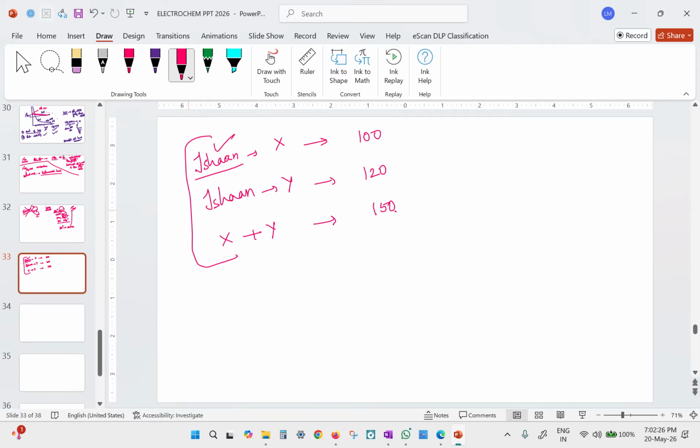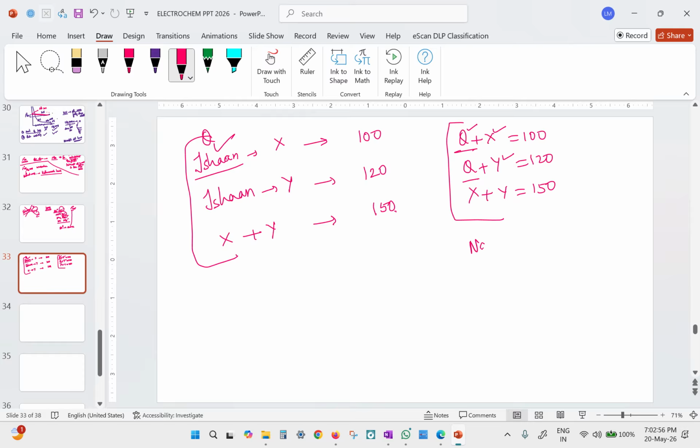Assume Ishan is written as Q. So Q plus X is equal to 100, Q plus Y is equal to 120, and X plus Y is equal to 150. So I've got 3 variables, 3 equations. Can I not find out individual contributions? Yes, ma'am. So that is how they are finding it out.